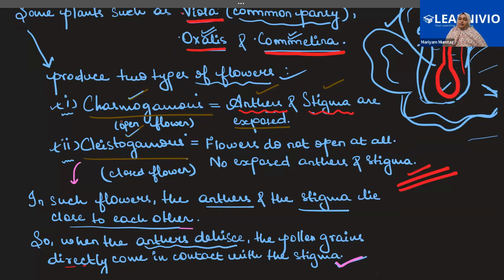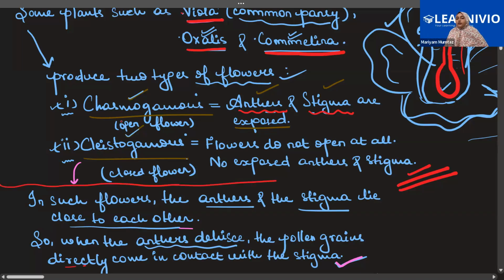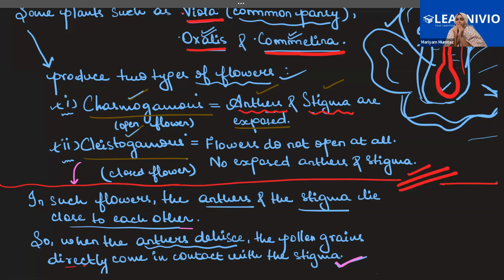Now there can be many examples. Those flowers that are open, meaning their anther and stigma are exposed to the environment, we call them chasmogamous flowers. And all those flowers that are closed, meaning the anther will be inside and the stigma will be inside, isn't it? So what do you think?